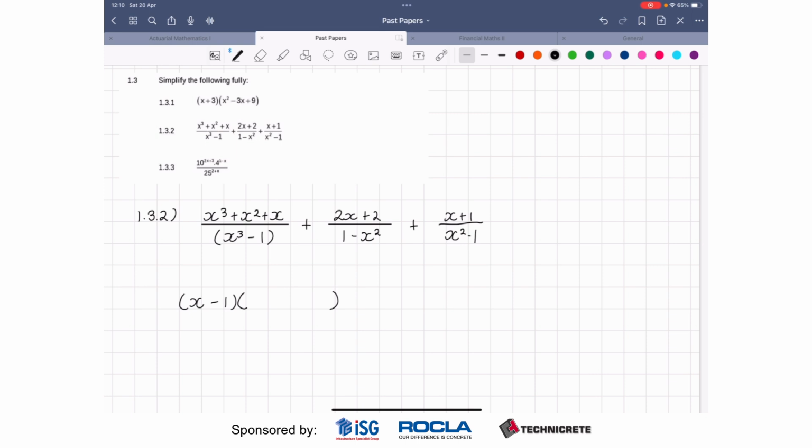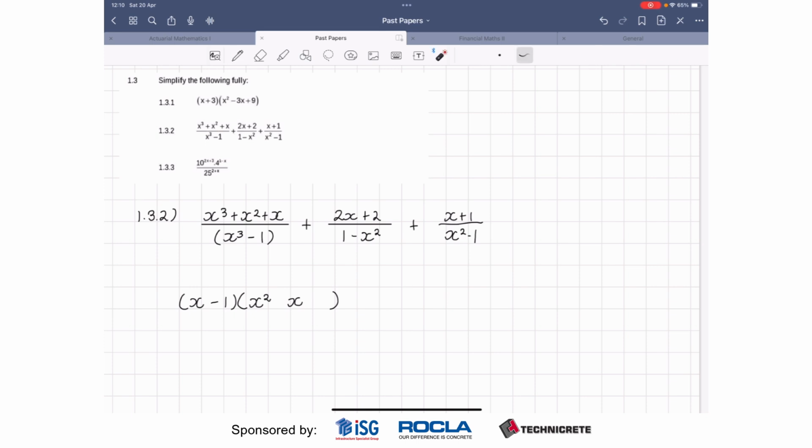And then for my second bracket, I'm going to square the first term of the first bracket. So I'm going to have x squared. And then for the second term in my second bracket, I'm going to have the two terms multiplied together from the first bracket and a difference in sign from the first bracket. So I'm going to have 1 times x, which is x as this term.